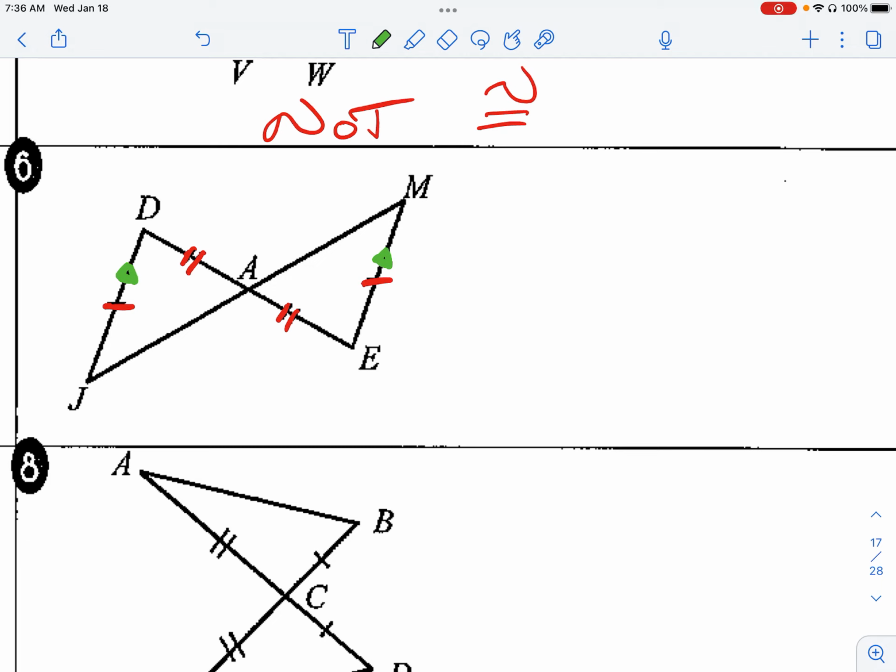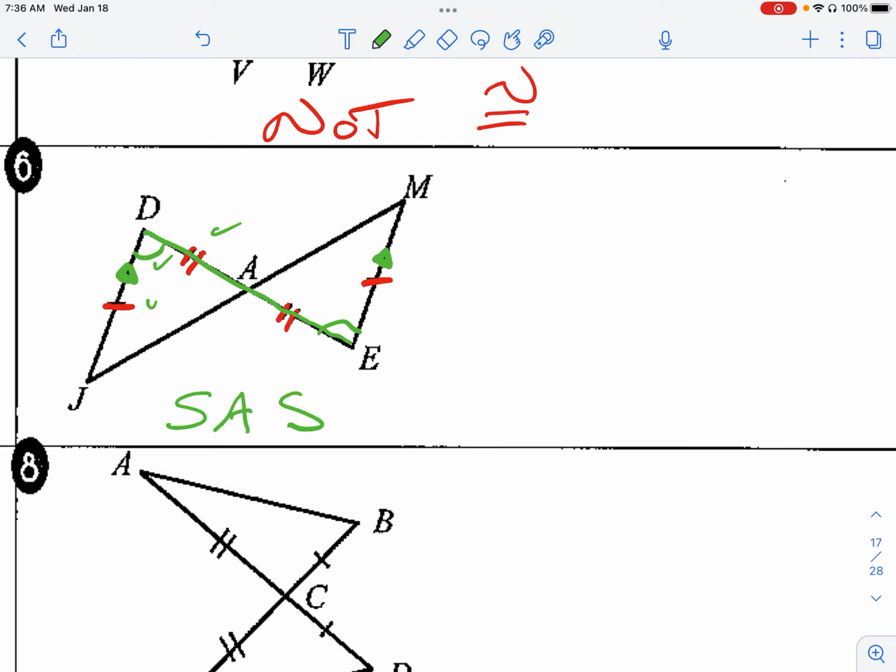And parallel lines cut by a transversal are going to produce angles. In this case, it's alternate interior angles. So that's a side, angle, side.